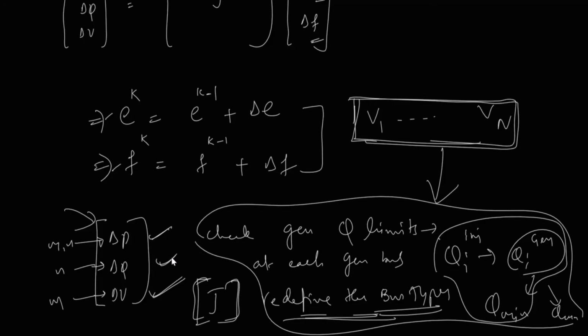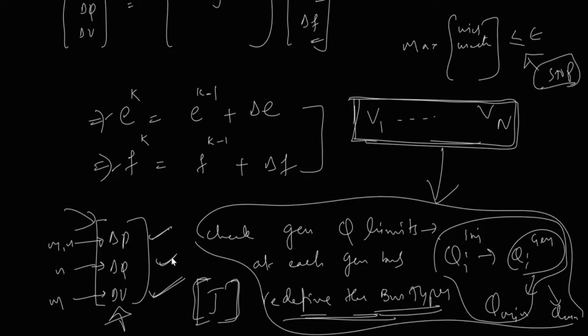The stopping criterion is that the maximum entry of this mismatch vector should be less than some predefined epsilon. If that condition is satisfied, then stop. Until this condition is satisfied, repeat the same process.